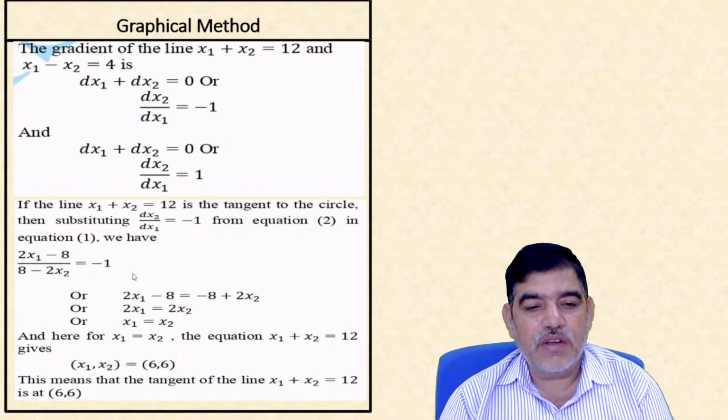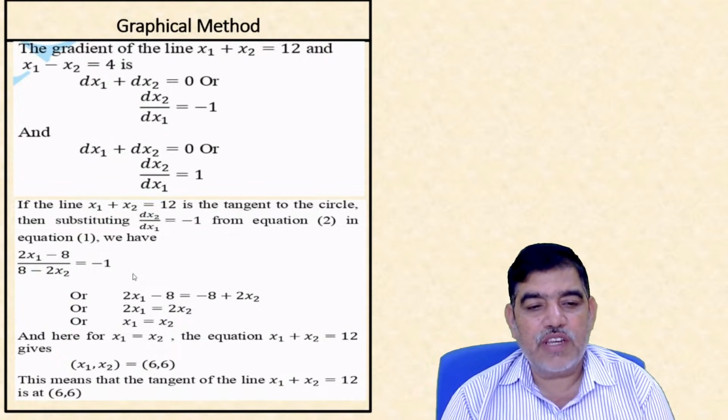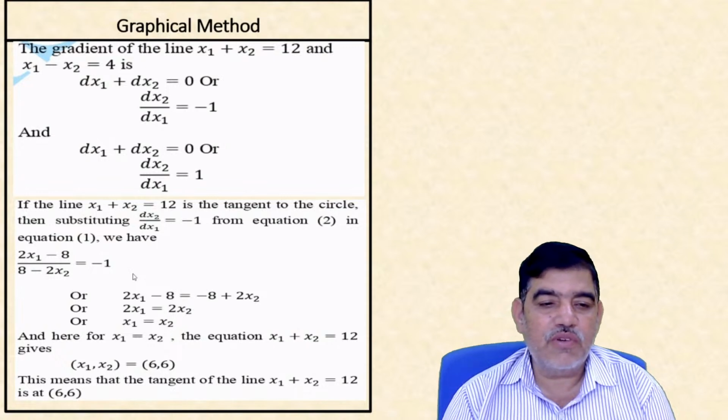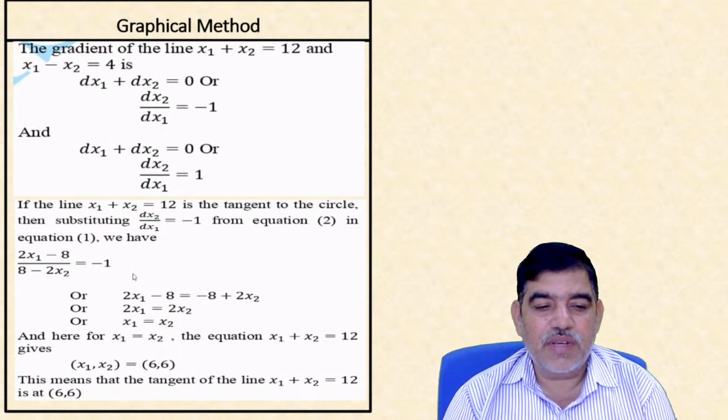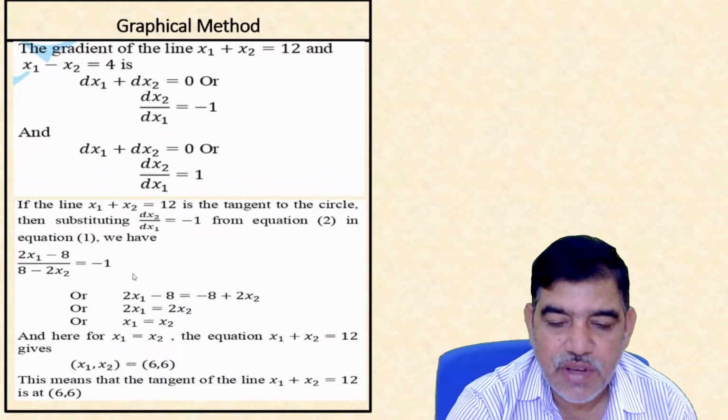Opening the bracket, 2x1 minus 8 equal to minus 8 plus 2x2, that is 2x1 equal to 2x2, so x1 equal to x2. Here we find that x1 equal to x2, and the equation x1 plus x2 equal to 12 gives the point (6, 6). This means that the line x1 plus x2 equal to 12 is tangent at the point (6, 6).